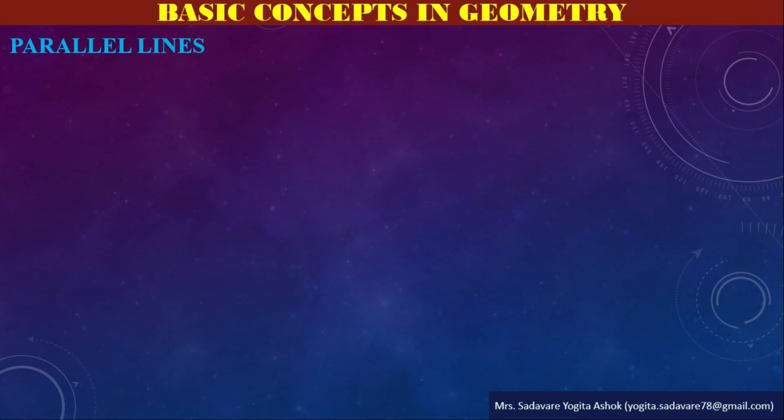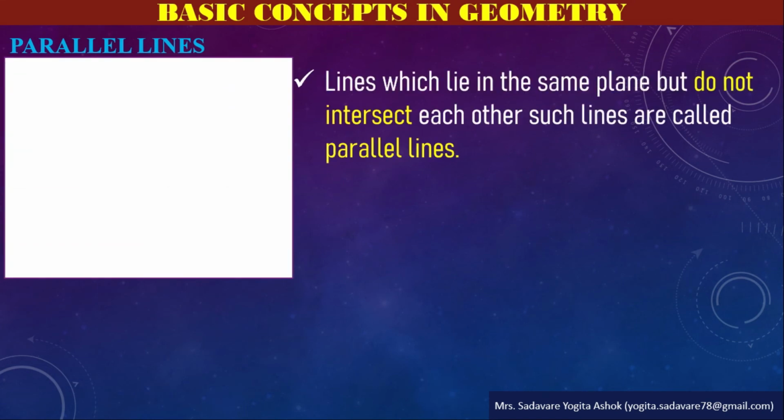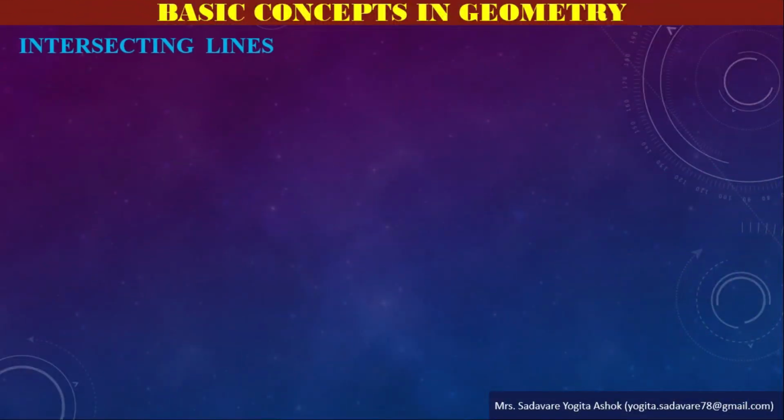Here we see parallel lines. Lines which lie in the same plane but do not intersect each other are called parallel lines. Intersecting lines.